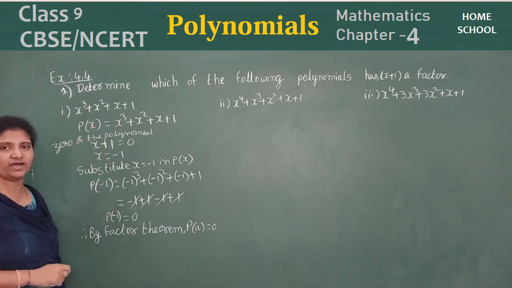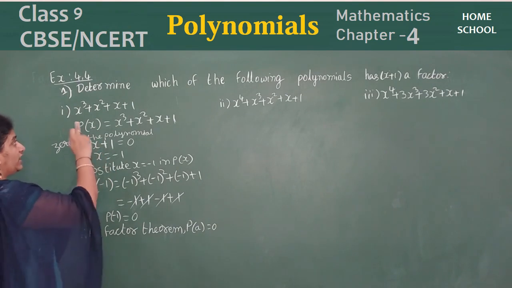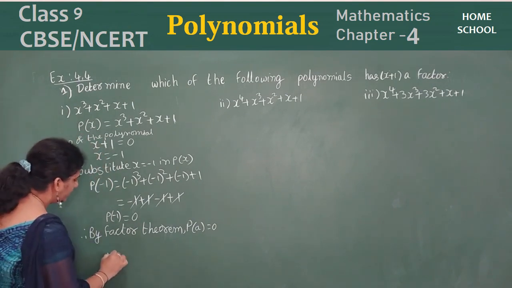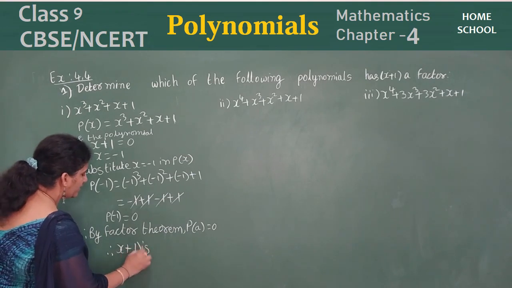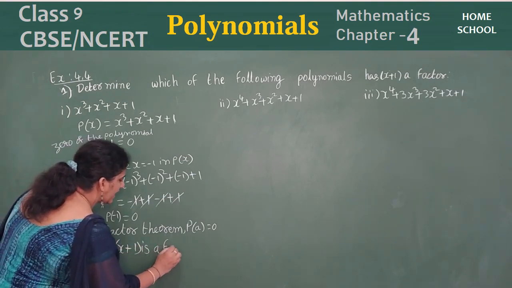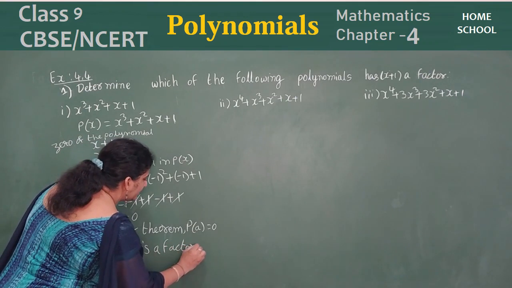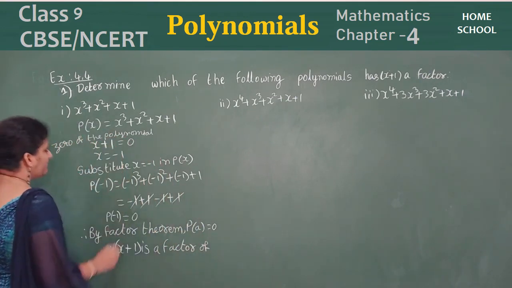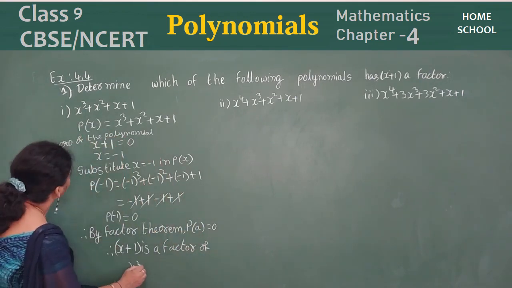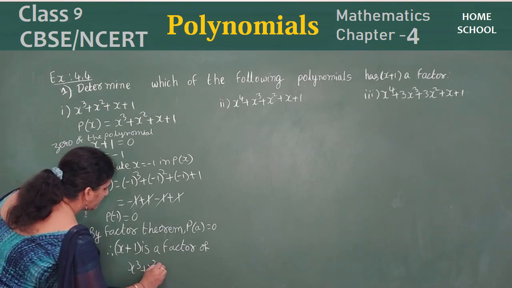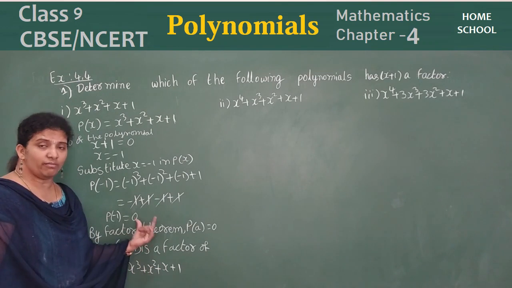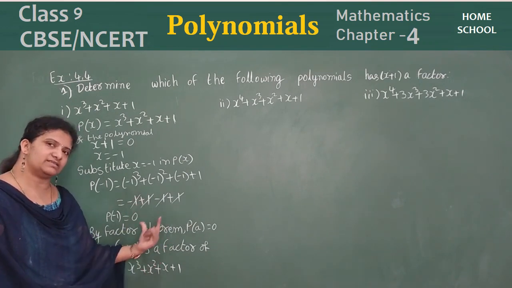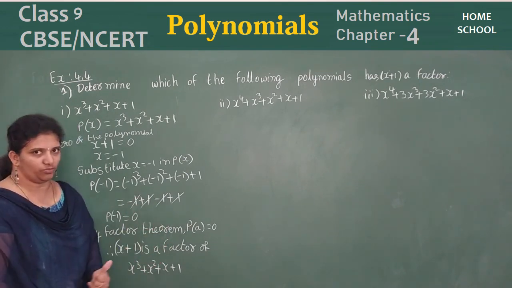Therefore, x plus 1 is a factor of the given polynomial x cube plus x square plus x plus 1. Okay, if we get a 0 by factor theorem, I can say this is a factor of the given polynomial.